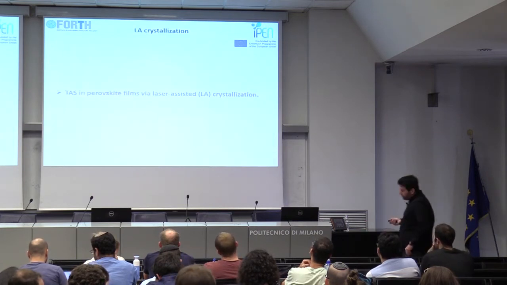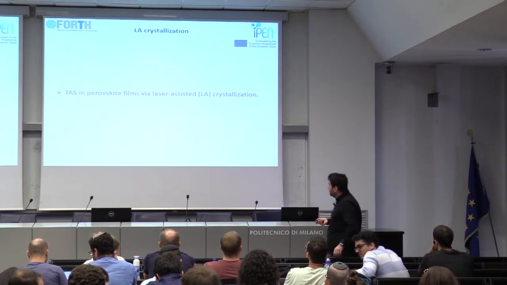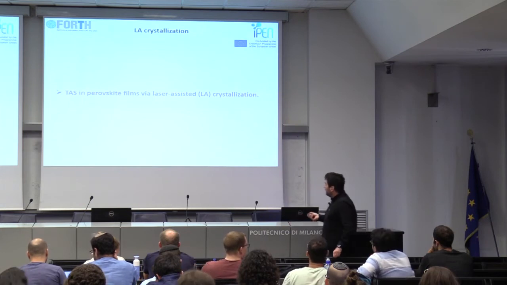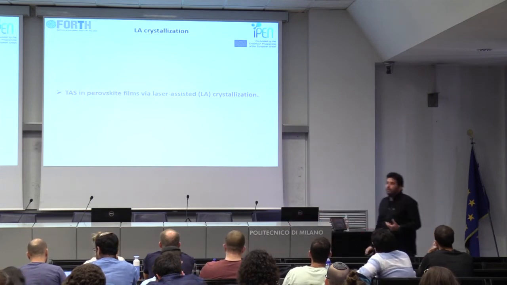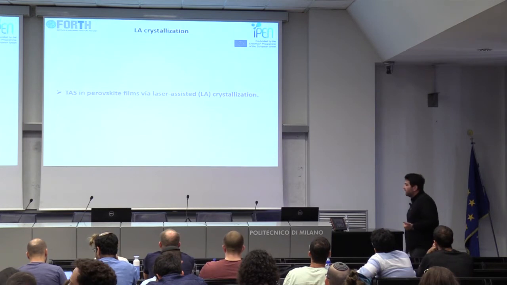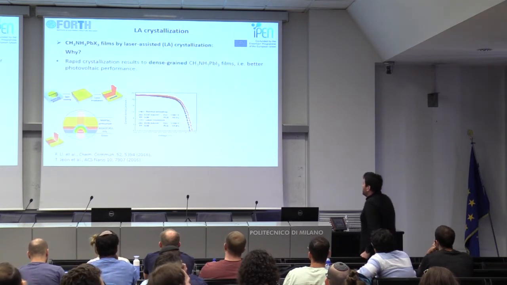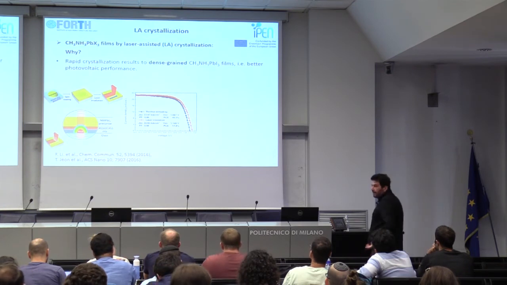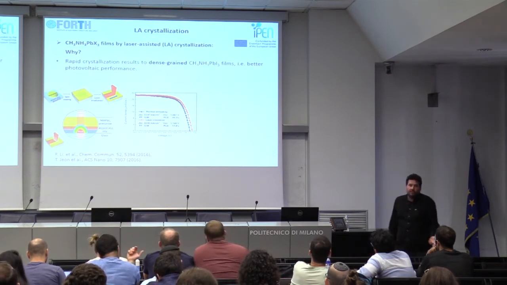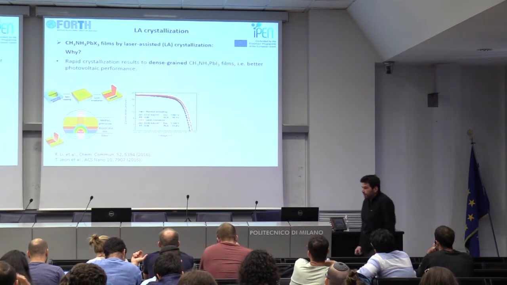Now, let us move to another set of results. Here, as I said, we tried to fabricate perovskite materials by means of laser-assisted crystallization. And of course, the first question that we have to answer is why you need to do this.